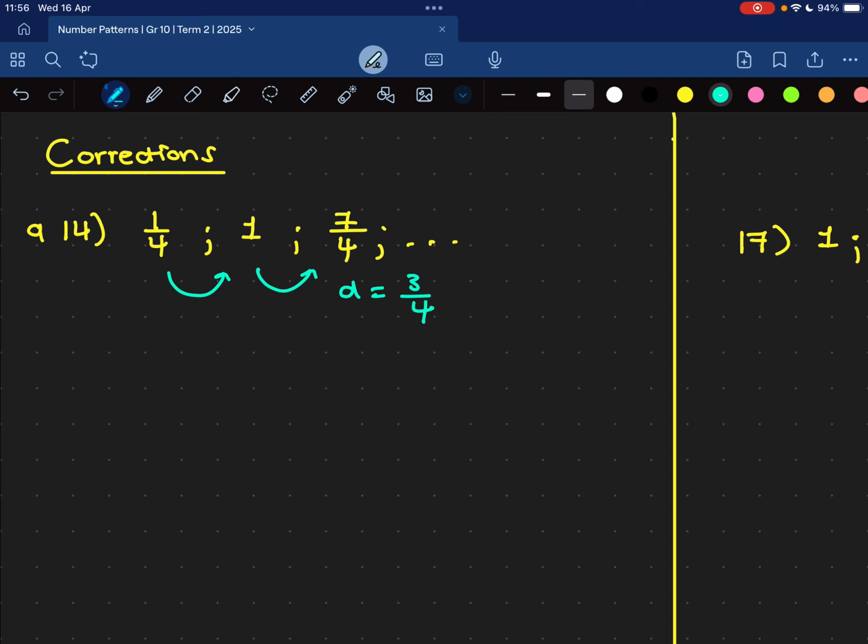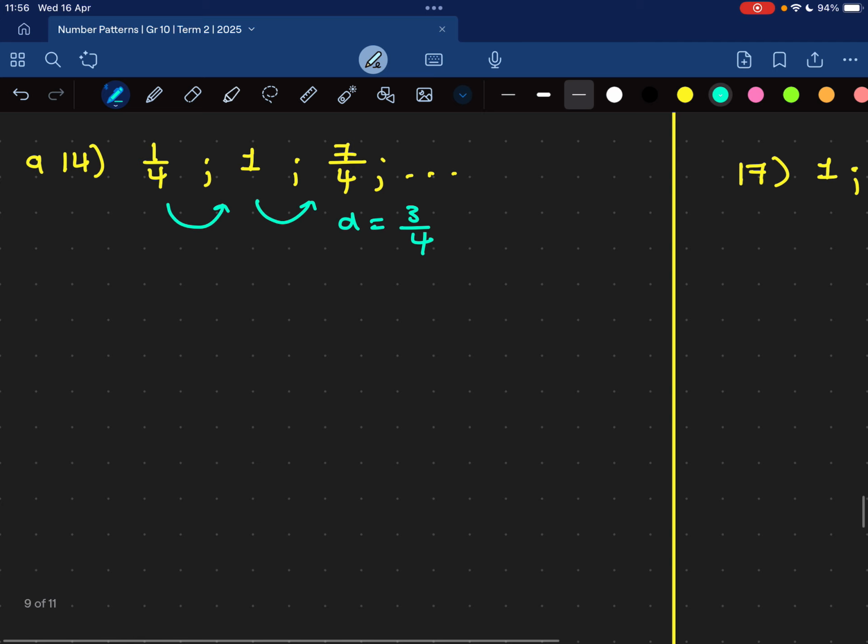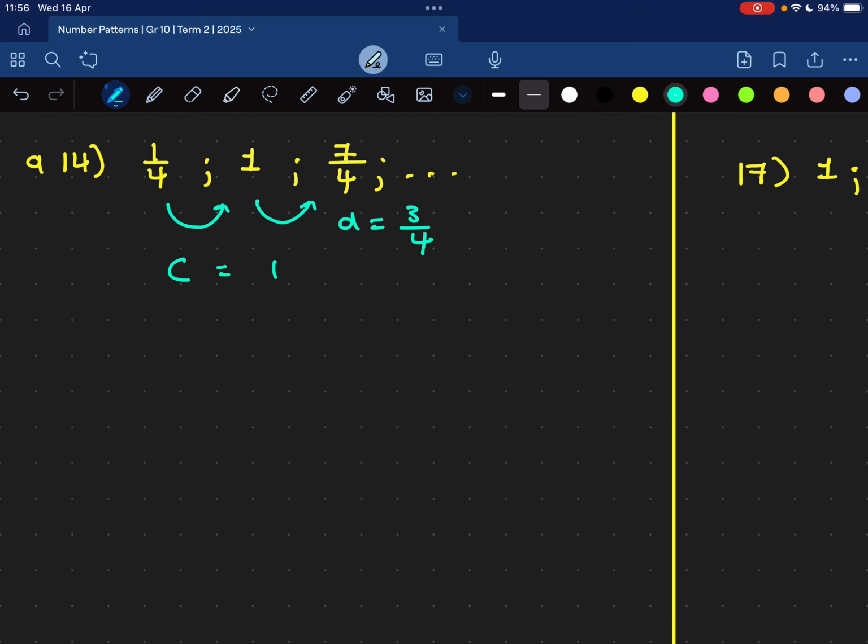Okay, you can again convert this 1 into a fraction where 4 is the base, which will be 4 over 4. Then it should be quite easy to see this. But you can also just do it on your calculator. It's not necessary to do either one. Okay, so then finding C, which I'll do first, I can see is going to be a quarter minus 3 over 4, which is just going to be negative a half.